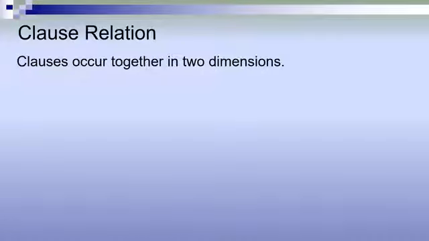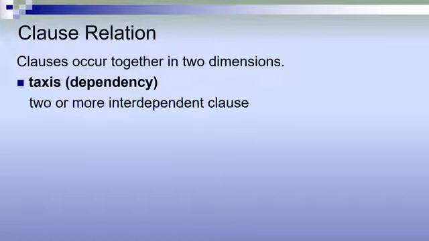The clauses in a clause complex display several kinds of relation. So here we are going to talk about clause relation. Clauses occur together in two dimensions, namely the taxis dimension, or the dependency dimension.